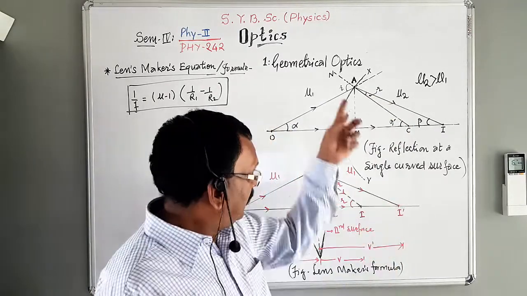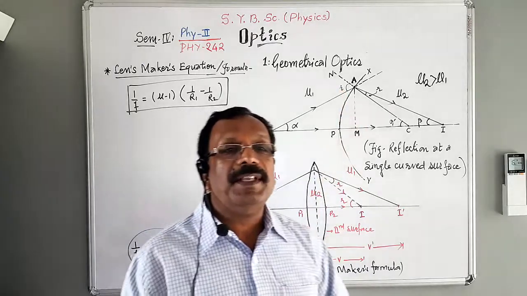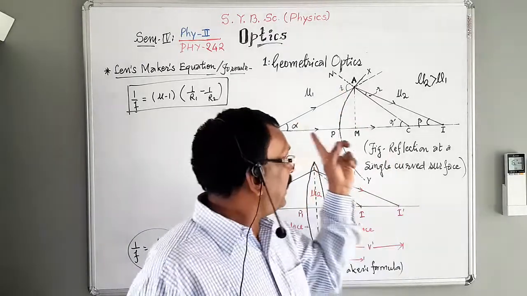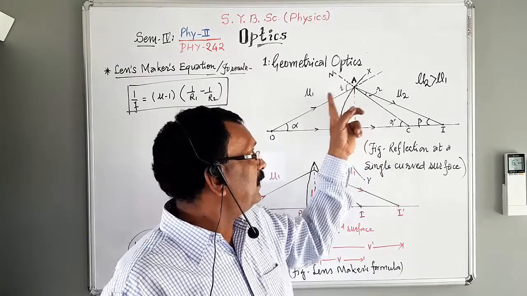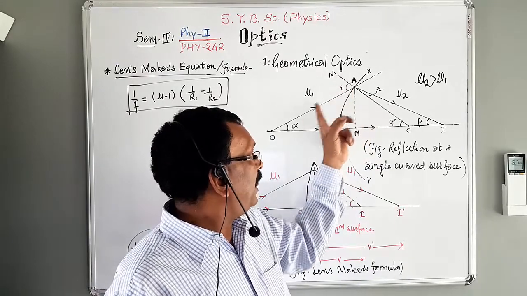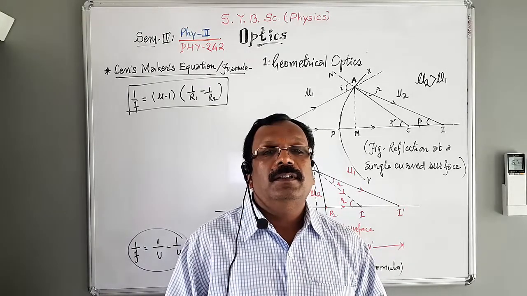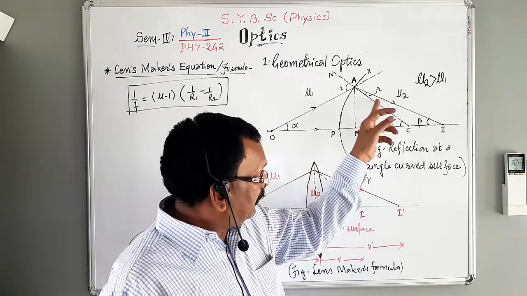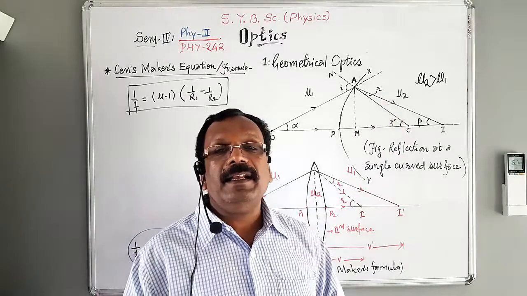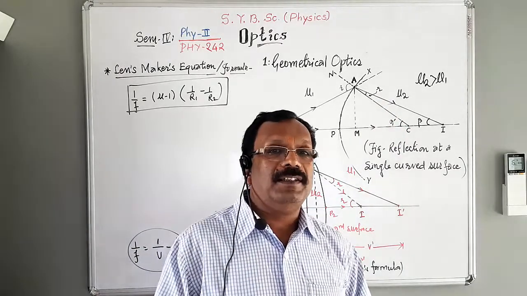Why is this called the angle of incidence? Because this angle I is made by the incident ray with the normal. And R is the angle of refraction.